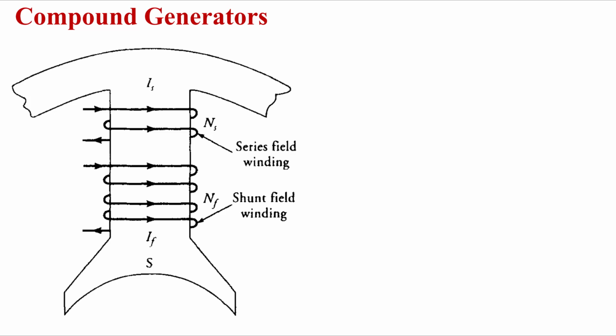So what will be the flux direction because of the series winding, and what will be the flux direction because of the shunt field winding current? They are in the same direction and they are adding to each other, right? So therefore this is cumulative.